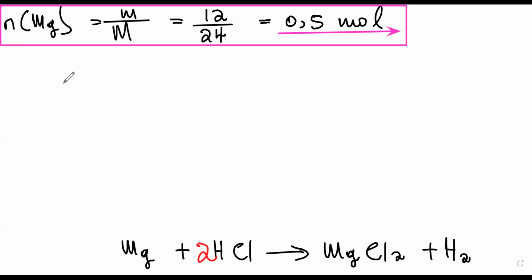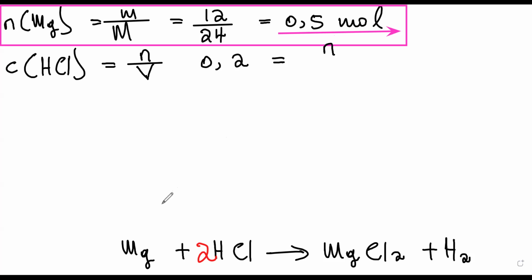With regards to the acid, we are given the volume as well as the concentration. So the concentration of this acid is defined as the number of moles divided by the volume. Then it's time for us to substitute. The concentration is given to us as 0.2. We are looking for the moles, but the volume is given in an incorrect unit.